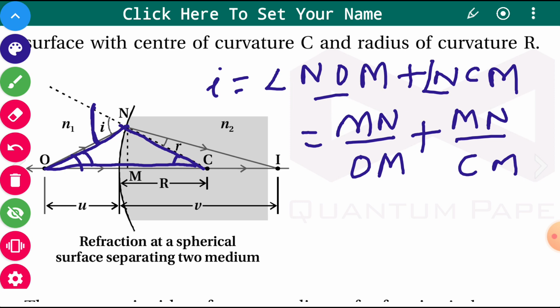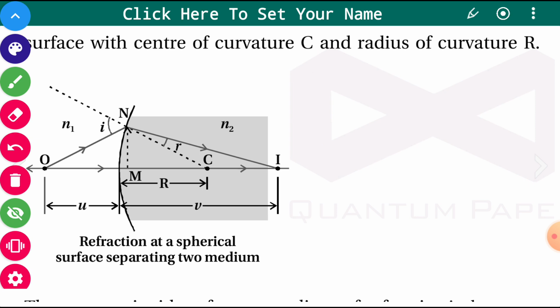Now the new triangle I am taking, that is triangle NCI. For it we can say that angle NCM, try to understand, this angle again I am showing for the triangle NCI.